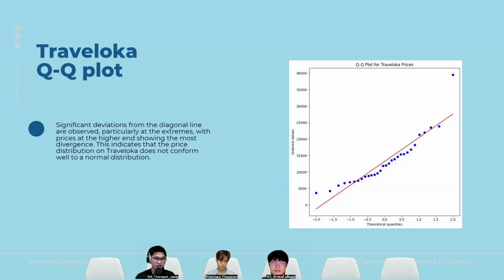The next one is the Traveloka QQ plot. Significant deviations from the diagonal line are observed particularly at the extremes, with prices at the higher end showing the most divergence. This indicates that the price distribution on Traveloka does not conform well to a normal distribution.